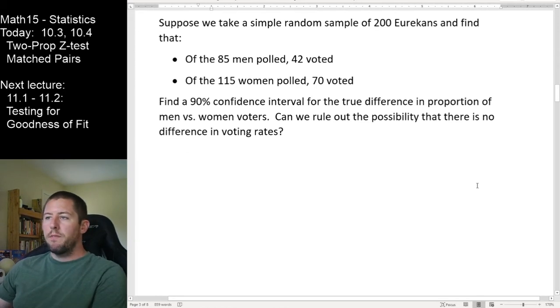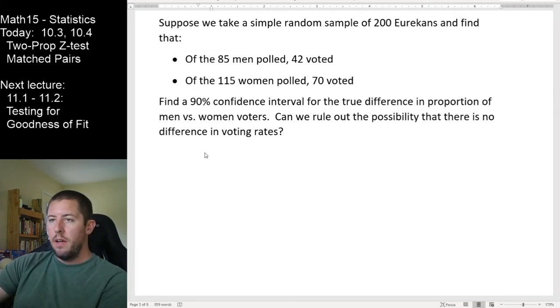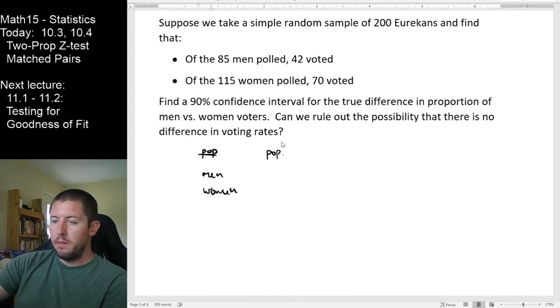So first things first, let's identify all of the pieces of information that we're going to want to know here. I'm going to make a little table here.